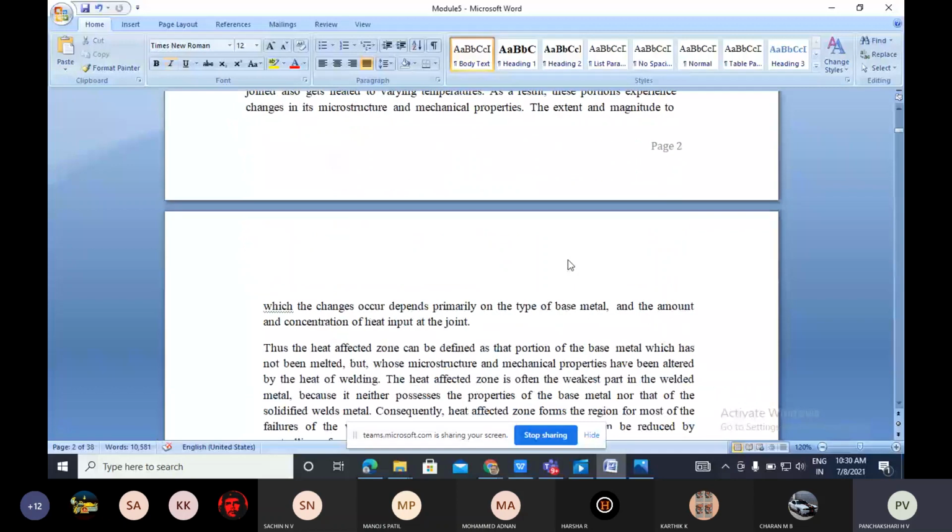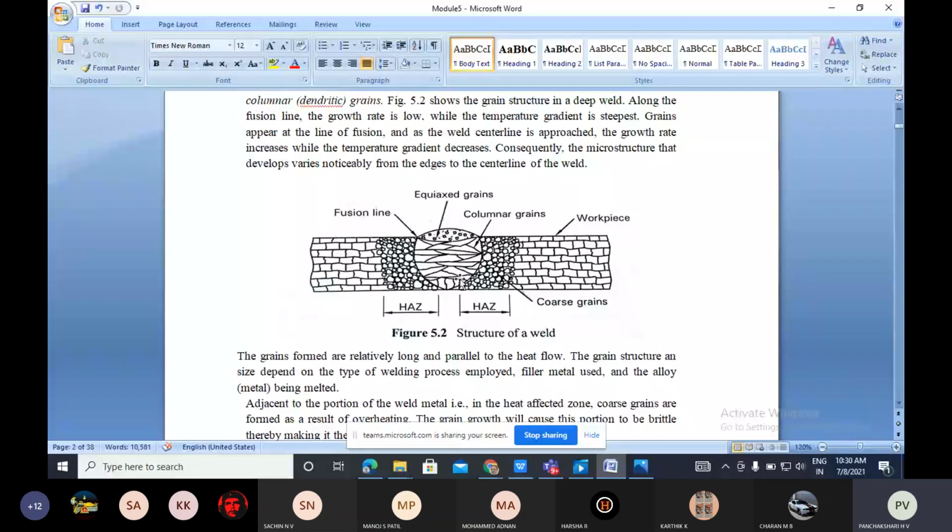Whatever heat or energy is available here heats the neighboring metal structure. When the atoms or grains of the metal are heated, they grow larger in size. That is why they are called coarse grains, coarse being nothing but larger grains. So larger grains are produced surrounding the liquid metal here.